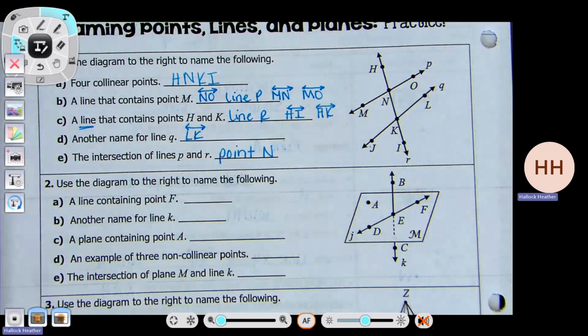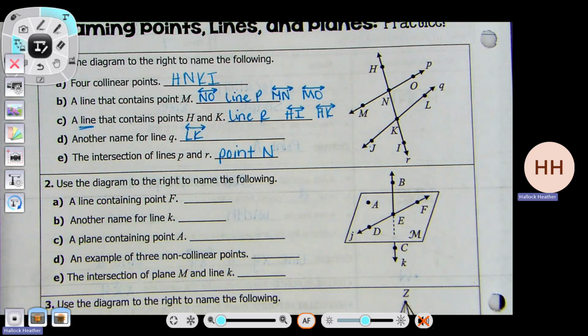So number 2 is talking about planes and lines. So it's getting a little crazier. Sure.